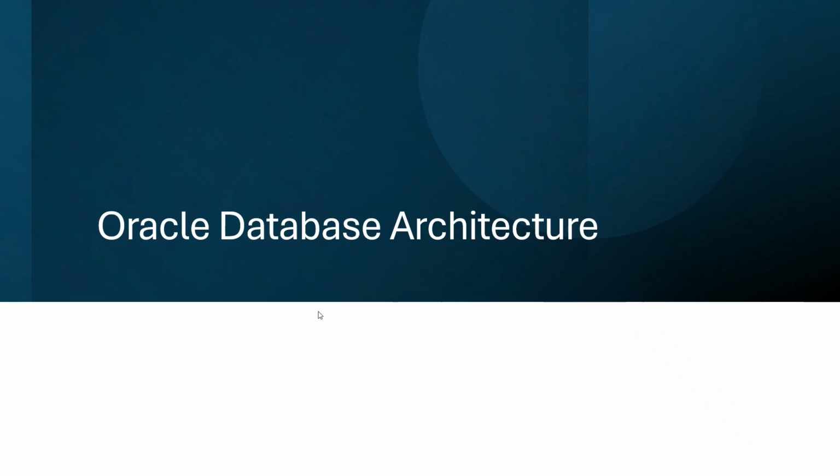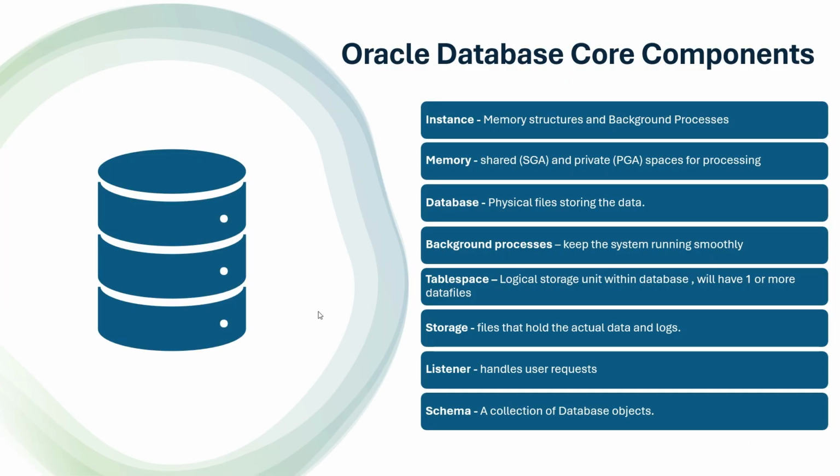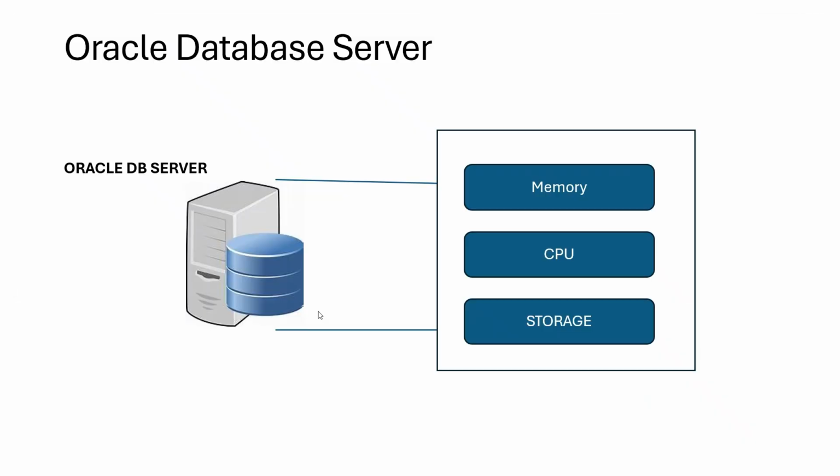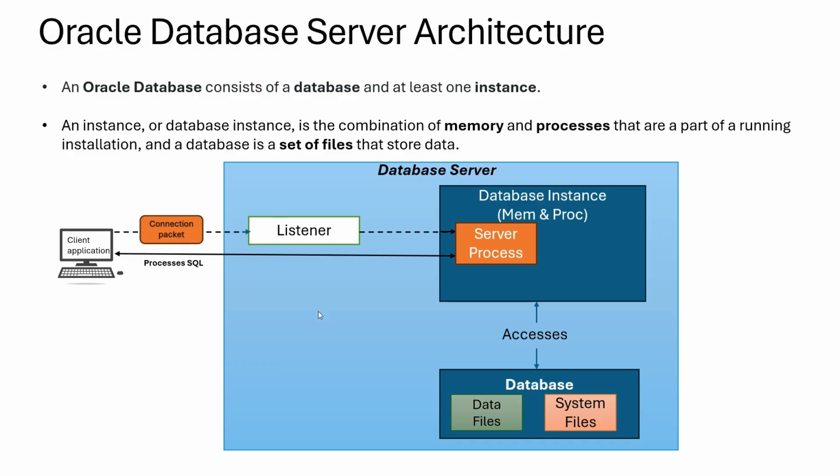So we talked about the Oracle database core components and some terminologies. We had a discussion around how a client connects to a database, and a listener. So what is a listener?